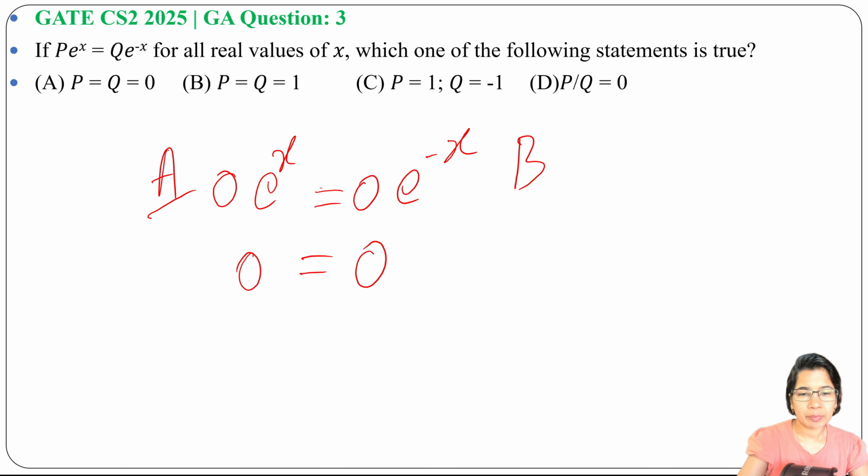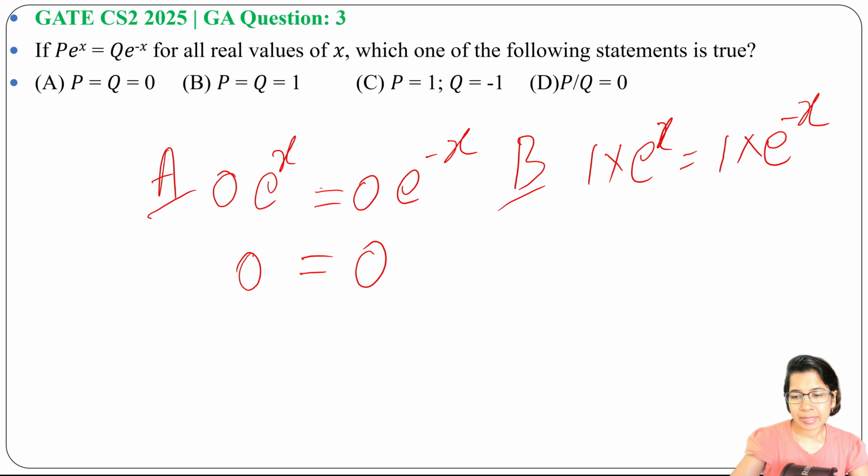Let's check option B. If P and Q are 1, then 1 multiplied by e power x equals 1 multiplied by e power minus x. So 1 multiplied by anything, that's same. It will be e power x equals e power minus x. It's not true.